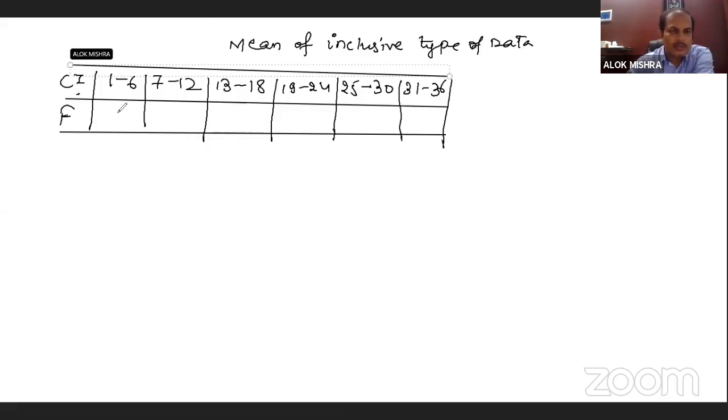Let the frequencies be 6, okay. I have to find the mean.